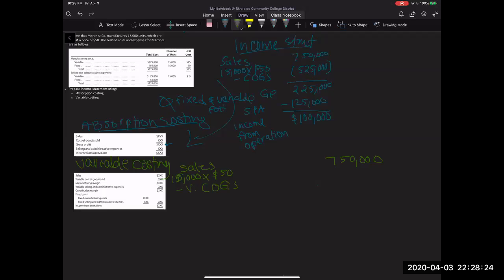Our variable cost of goods sold is $25 per unit, times the 15,000 units that we sold. Okay, so our variable cost of goods sold comes out to $375,000.